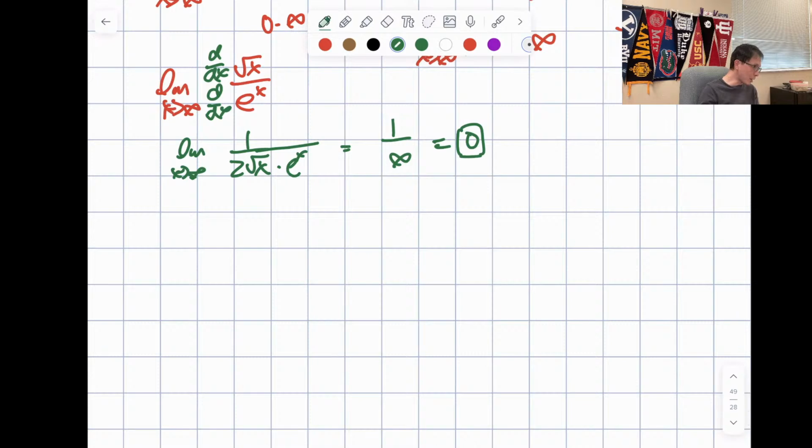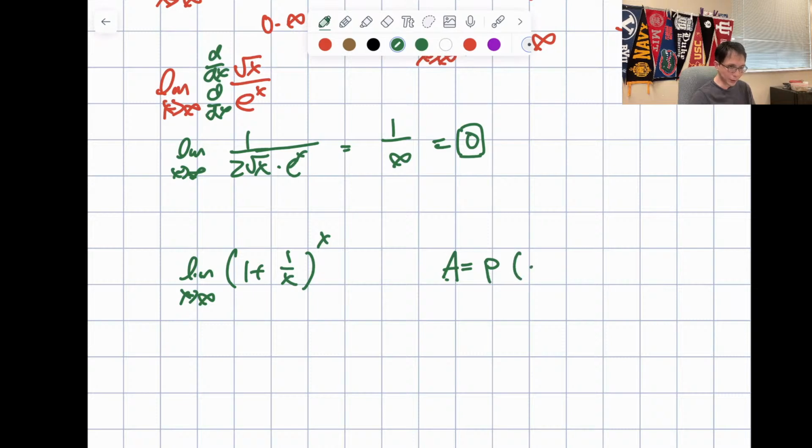Now let's talk about the most well-known limits. Before I talk about this one, I'm going to talk about something coming up on SAT. It's called A equals P times 1 plus r over n to the nt.